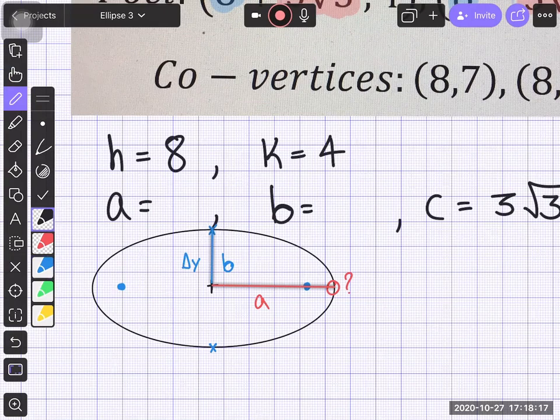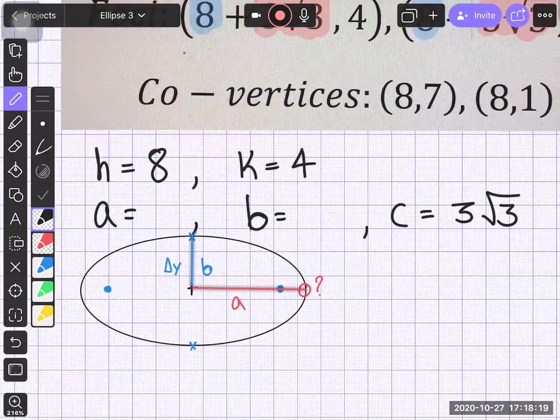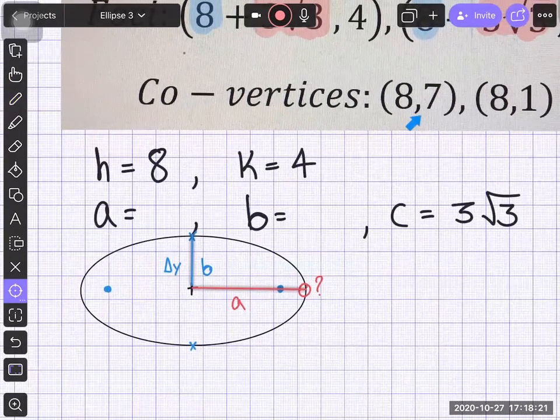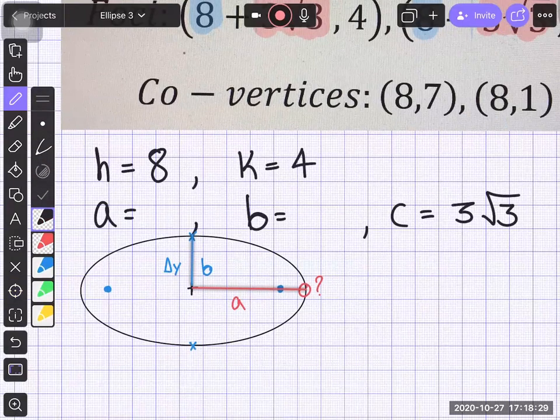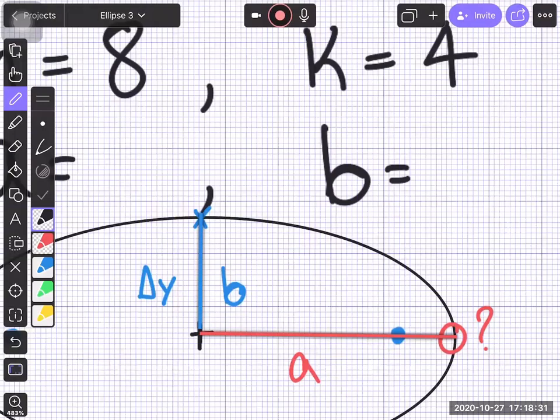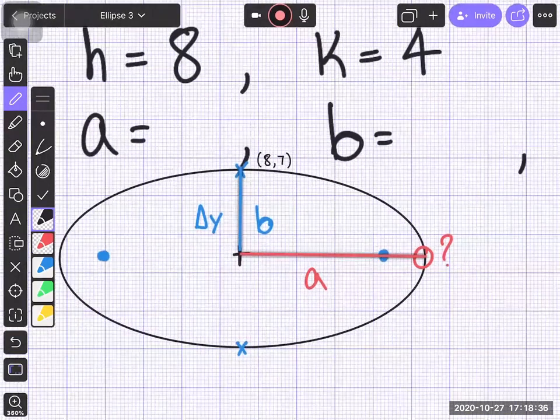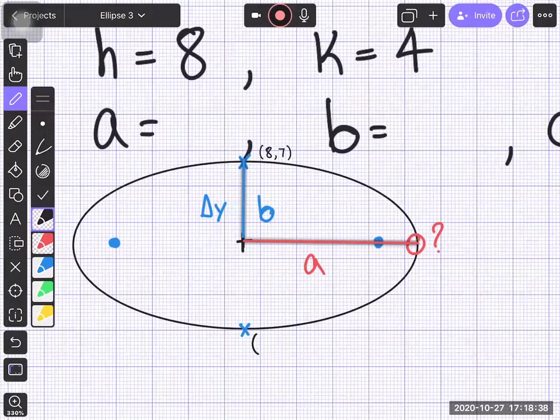Now if we look at the co-vertices, we have 8,7 and 8,1, which are these two points in here. It only stands to reason that this point above is 8,7, with a greater value for the vertical coordinate, and this is 8,1.